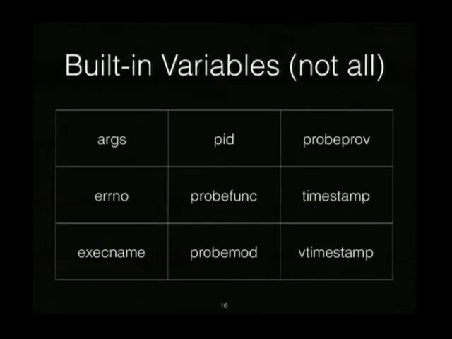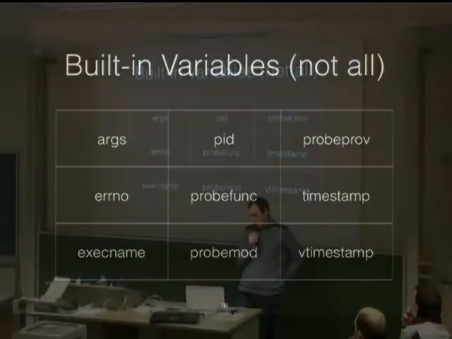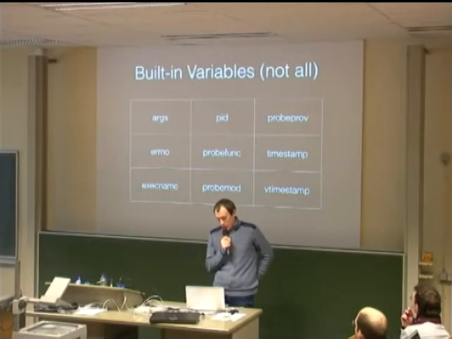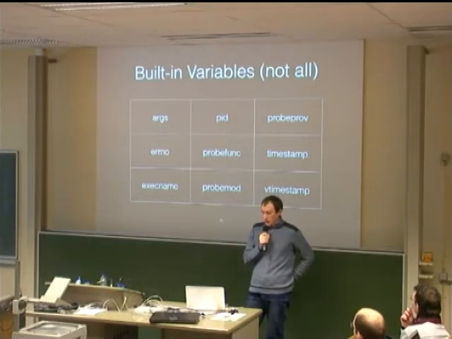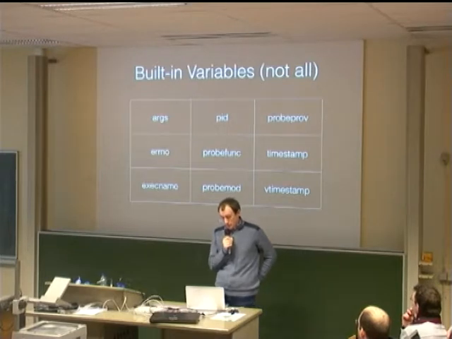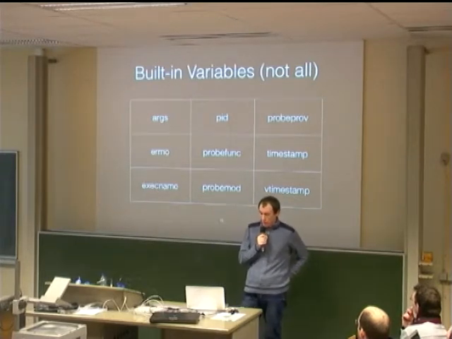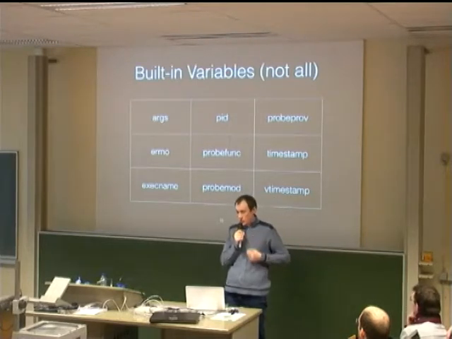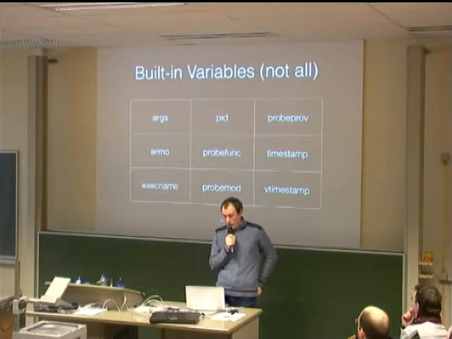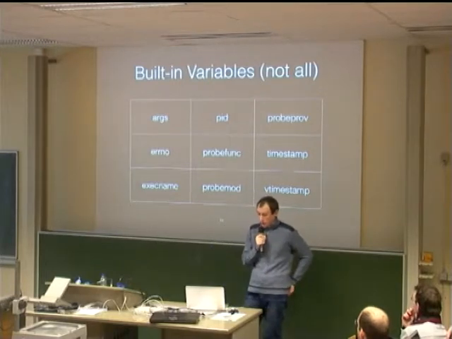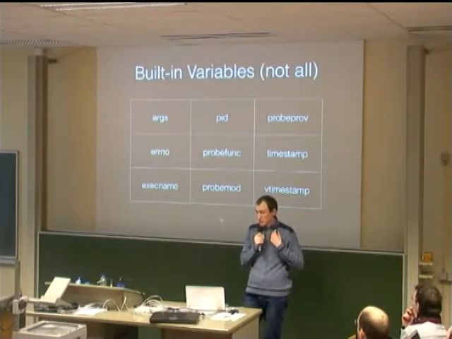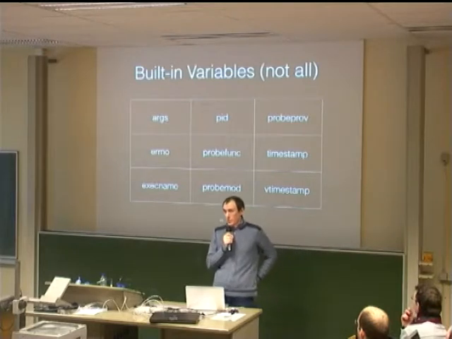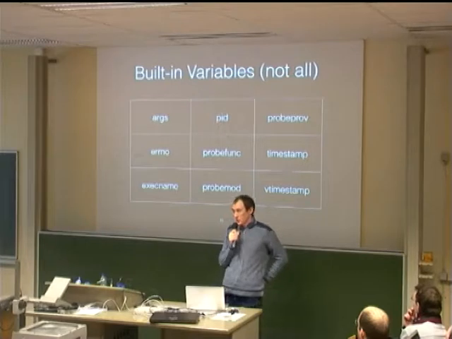Built-in variables. I read a few interesting variables from DTrace which are included in the language. You can see args, arg, also probefunc and probeprov. You can get the name of the function or the name of the provider via these and timestamp. And timestamp is very interesting. If you use timestamp, you will get a timestamp from the start and the end of executing your code.